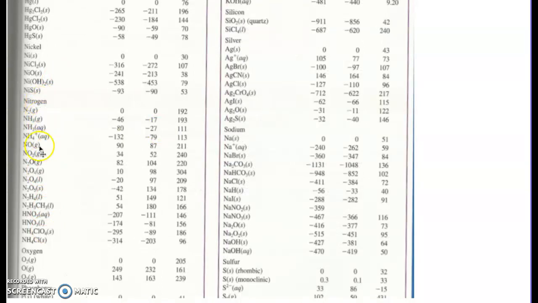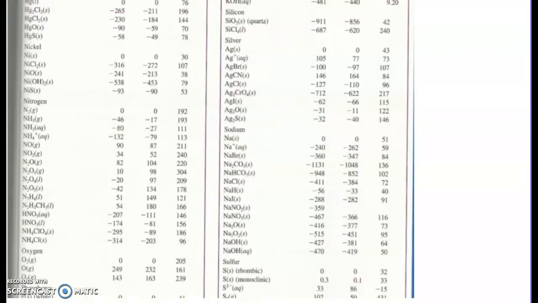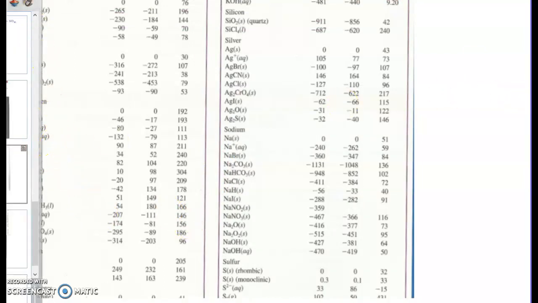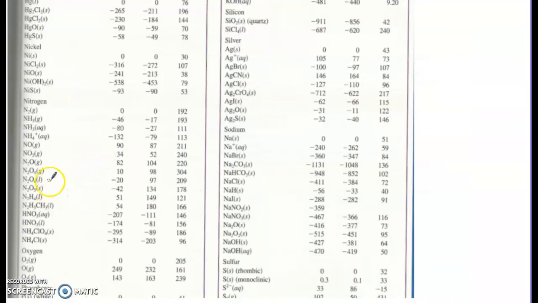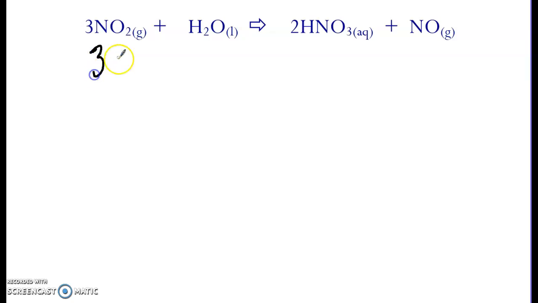You can find there is nitrogen monoxide, nitrogen dioxide gas, and it has a standard enthalpy of formation of 34 kilojoules per mole. Everyone sees that there. I'll add that here, 34 kilojoules.